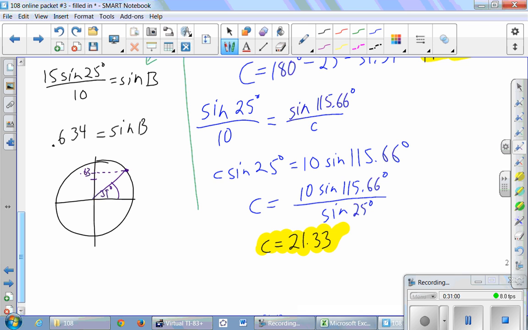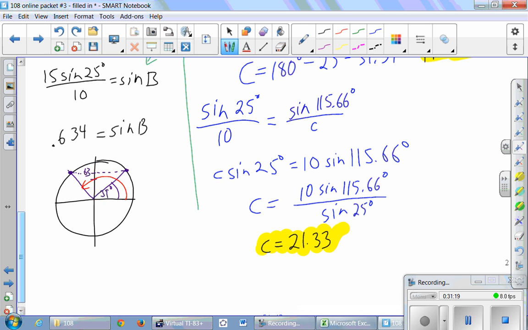But there's another angle on this unit circle that has exactly the same sine value, has the same y value. And we want the same y, so we'll keep going here to the left, and we'll find this point over here, which means there's another angle that we can think of. I'll draw it here in red. It's this angle.